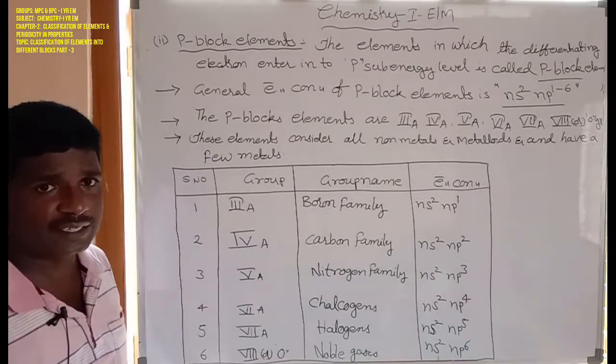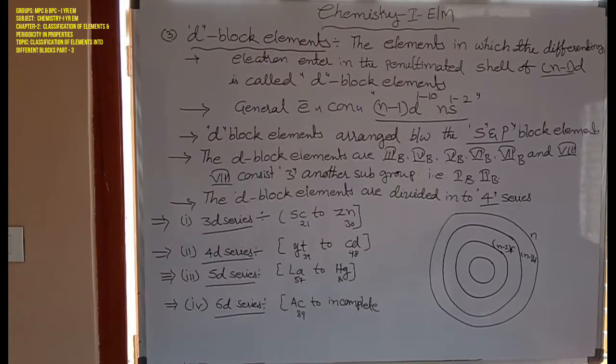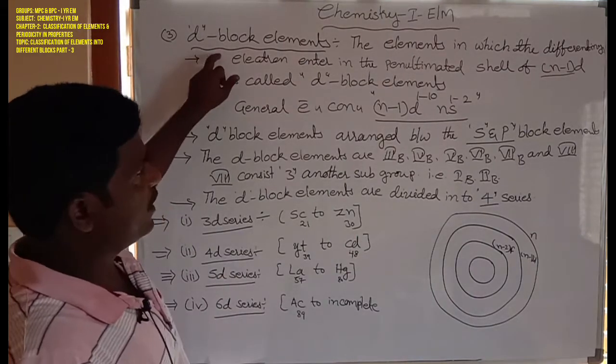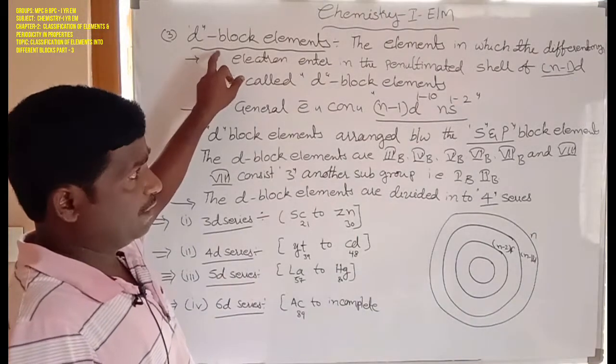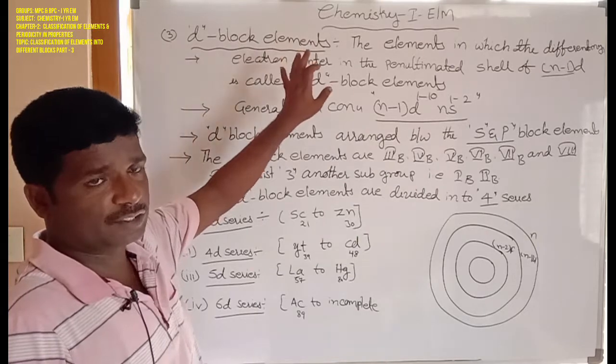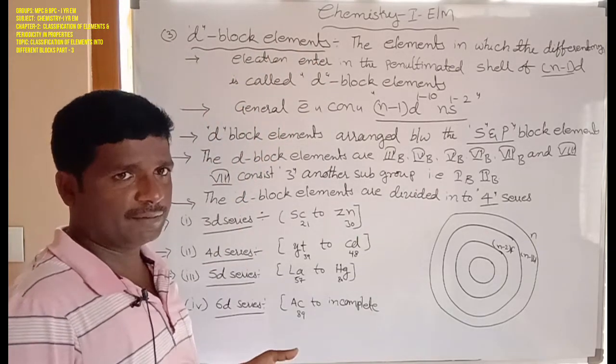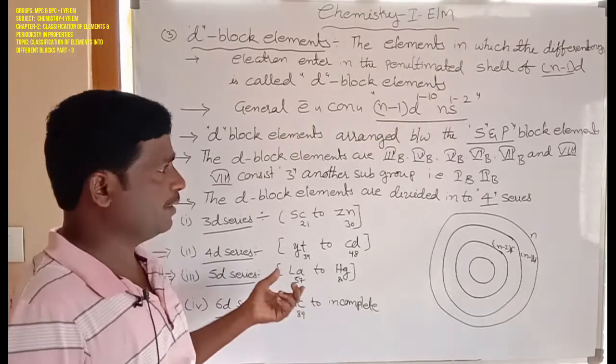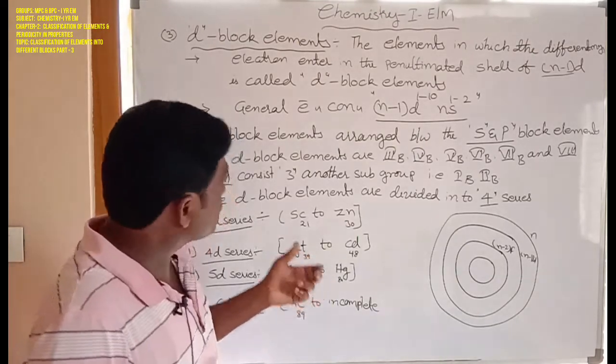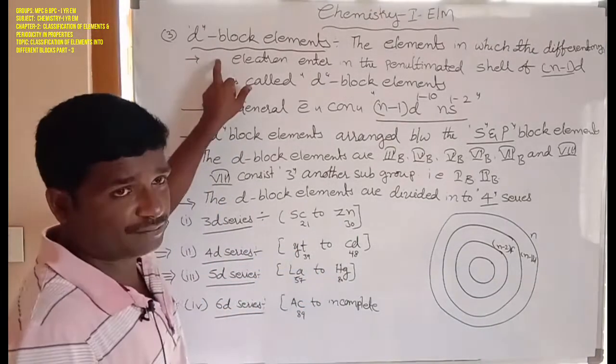The next one, the third one, is the d block elements. Elements are classified into 4 blocks based upon their electron configuration. The first one is s block elements, the second is p block elements, and the third is d block elements.